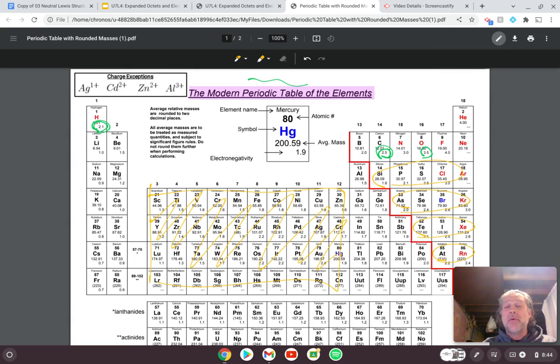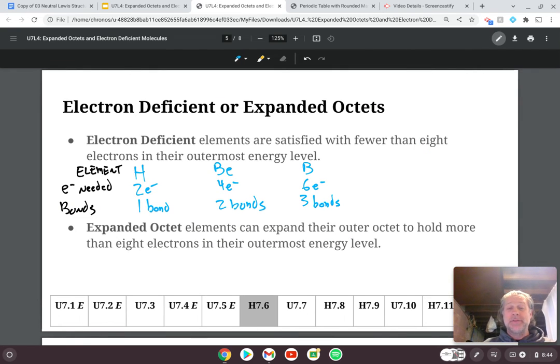And the reason why it's important is because a lot of them have electron configurations that dabble in the D block. And when they dabble in the D block, there's a lot more space for electrons to kind of hide out. And when they hide out in that space, we can add more electrons, or we can add more bonds than we should.